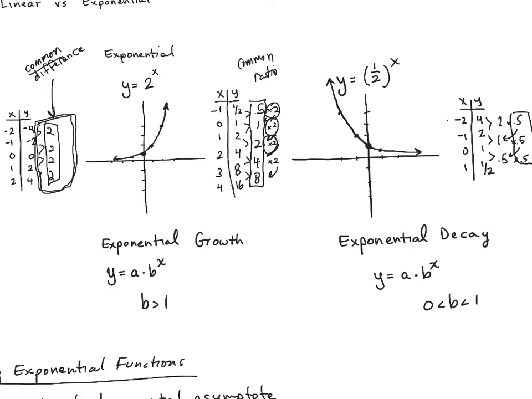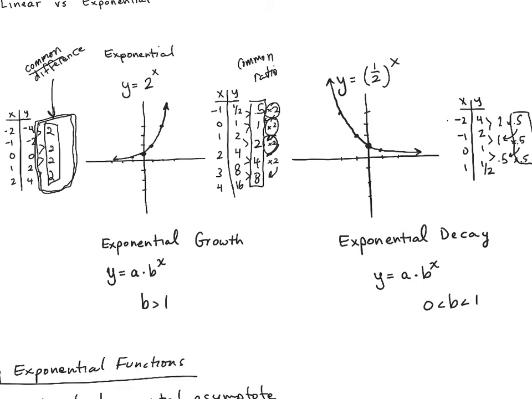Now there's a characteristic of both of these graphs that is similar to a characteristic that we saw back in chapter 3, section 3.6, when we graphed rational functions. Looking at this exponential growth function, for example, if we're moving from right to left, the graph gets closer and closer to the x-axis, but never actually touches the x-axis and never goes below the x-axis.